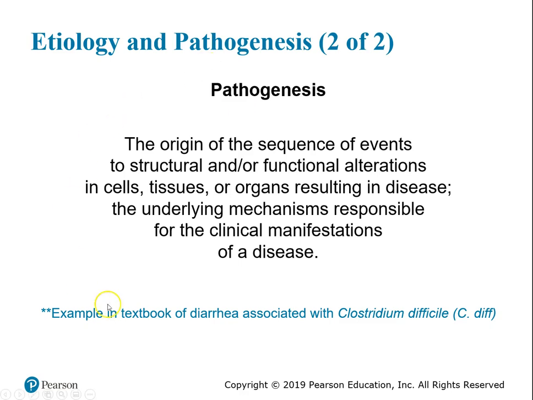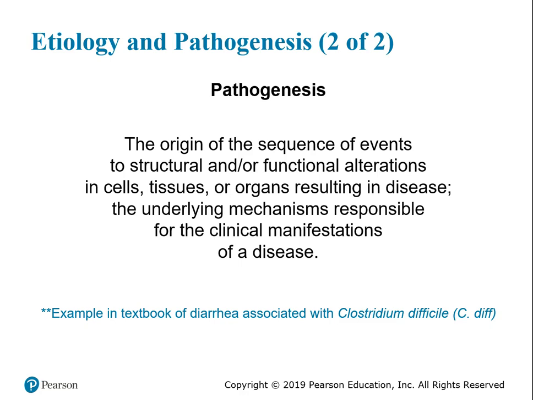There is an example that's given in the textbook of diarrhea associated with C. diff. You probably have heard of C. diff before. This is a specific pathogen, and it's a gram-positive bacteria, okay?